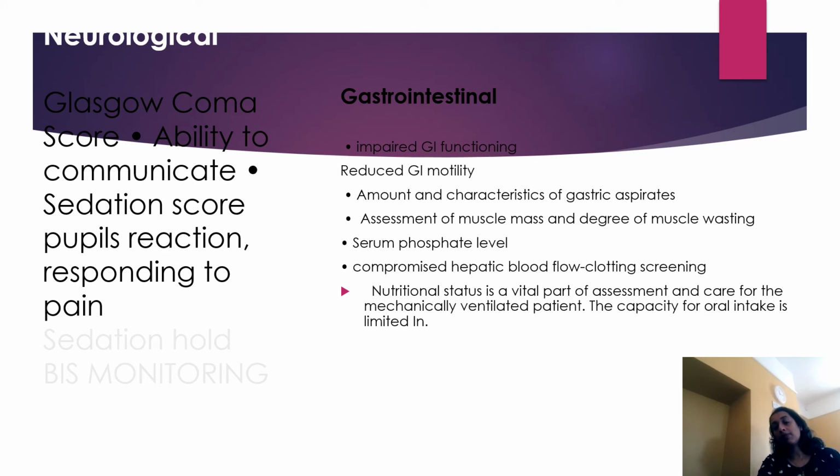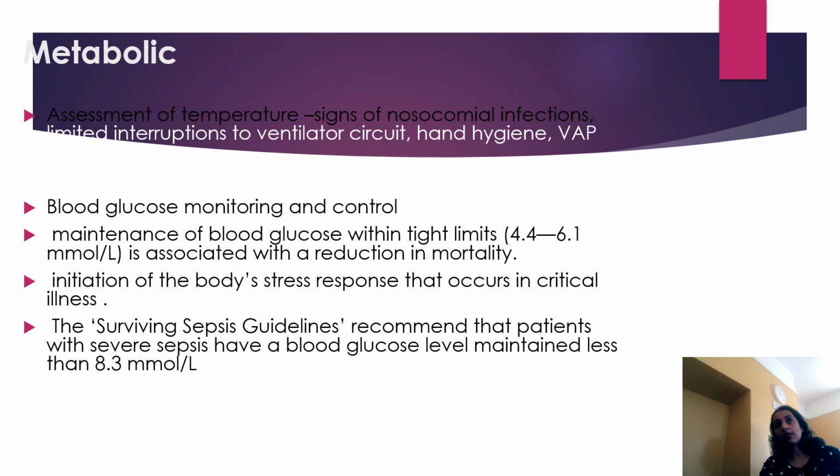So as early as possible, the patient should be fed through NG or any other whatever is possible if the patient is unable to eat, because of course the patient is on ventilator and they cannot be fed orally. So we have to find a solution for that. That is a very important thing. It comes under the GI system.